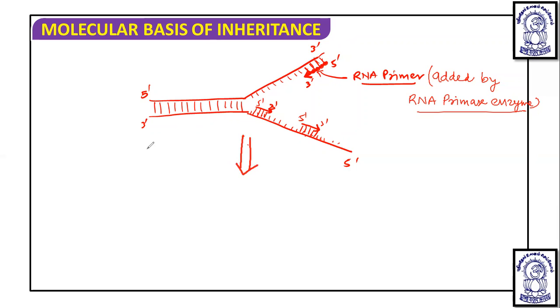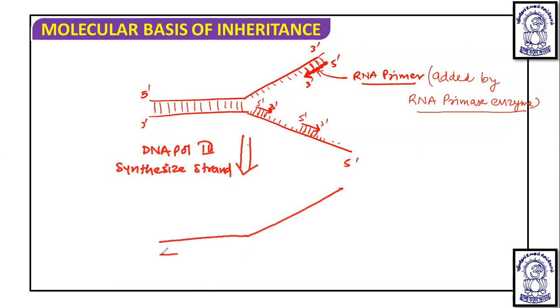Now here DNA polymerase 3 will synthesize the strand. The RNA primer is like this.